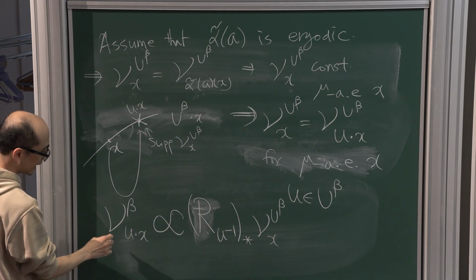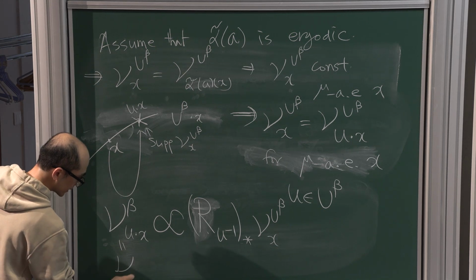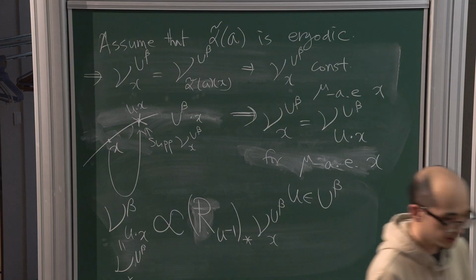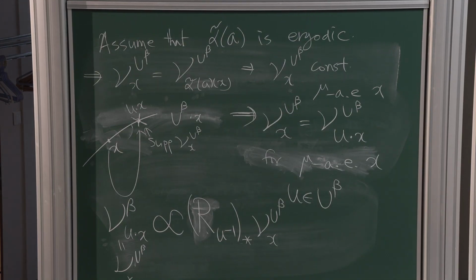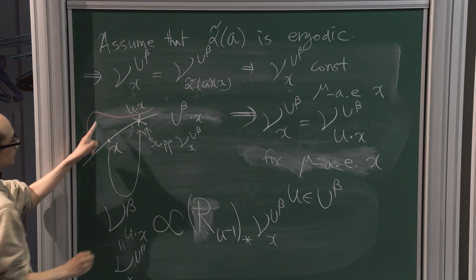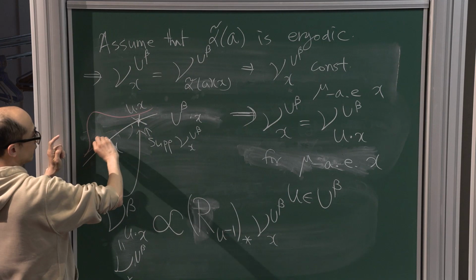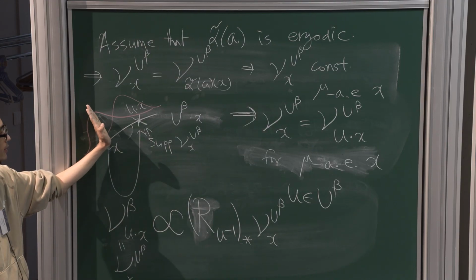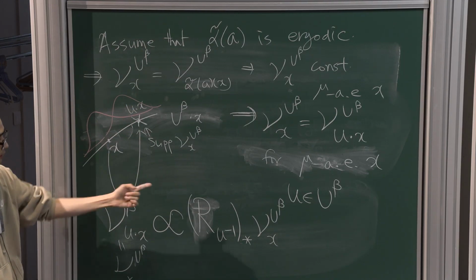And then this is the same as nu of x u beta. So what this really means is that I have a density like this, but this should be the same as like this, right? So if you have a peak like this, then you cannot get this.